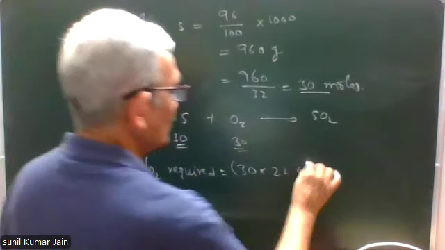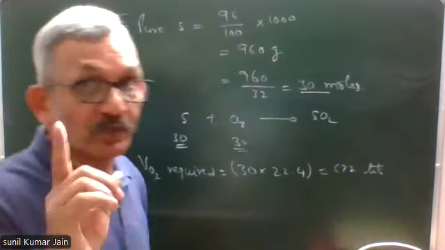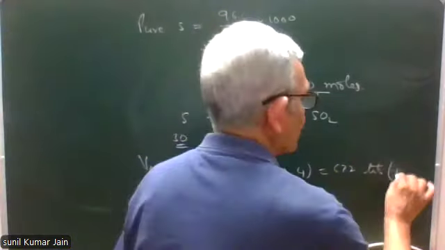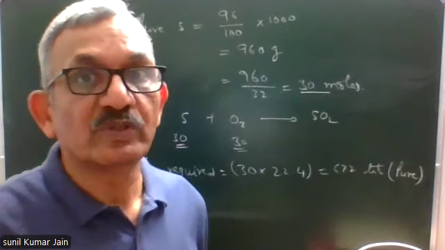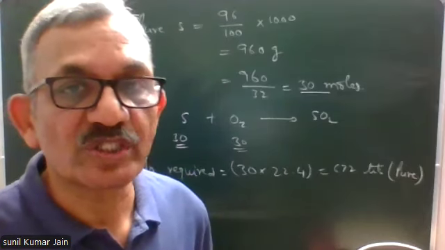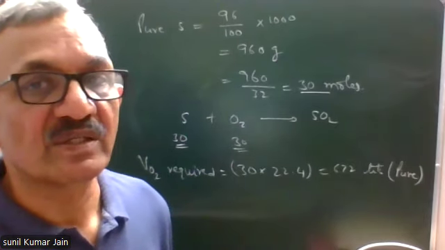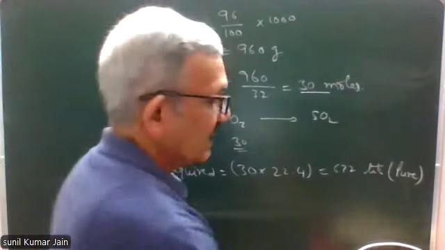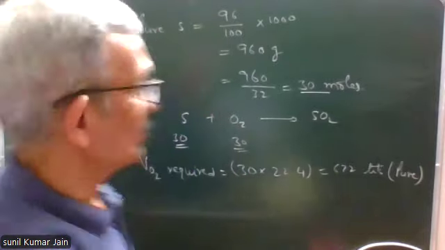So this will come out to 672 liters of pure oxygen. But we do not have pure oxygen. We have oxygen in the form of air, and air contains 21% oxygen by volume. And our question is to calculate the volume of air required.